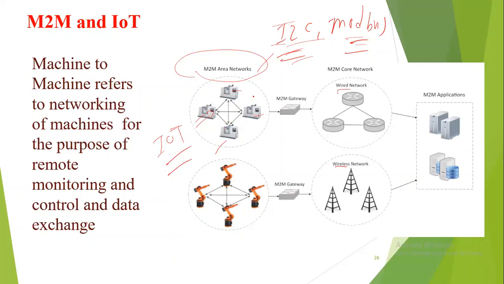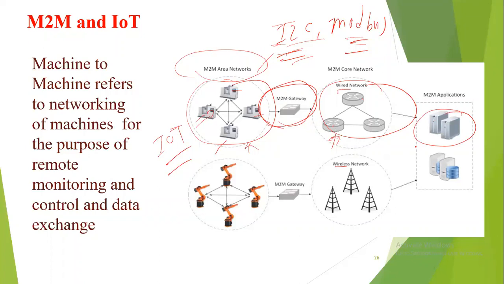Now, suppose this M2M network wants to connect to an external network. So there is another network called a wired network, where all these are connected through wires instead of this protocol. So an M2M gateway is used to connect these two networks, and finally the data is transferred to the user end.